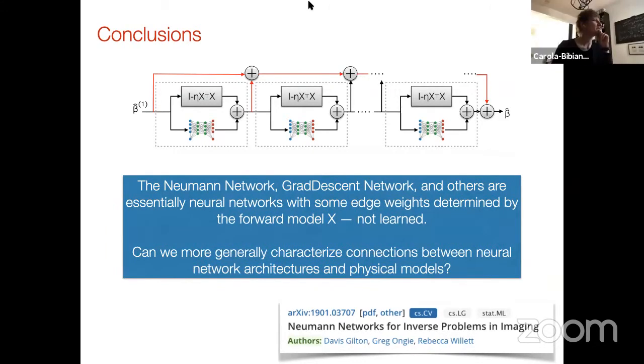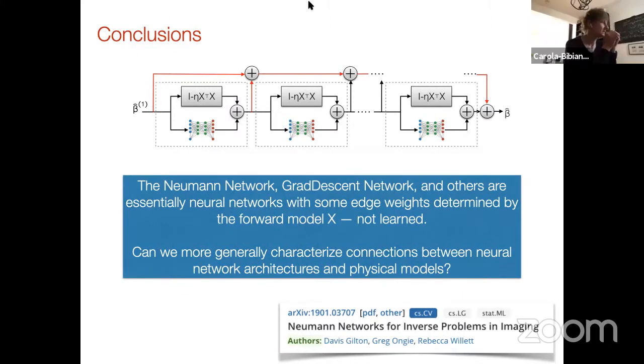I might have a question or more of a remark. So, Becca, you spoke a lot about integrating the forward operator into the training of the regularizer by inserting it into the network. But in some of the broad classes of learning approaches to inverse problems that you mentioned, there are also ideas to integrate the forward operator into learning the regularization by using it to create a training set.